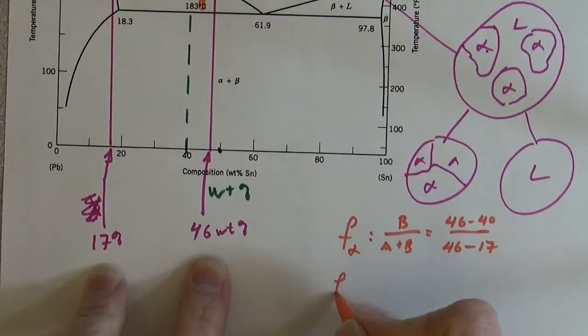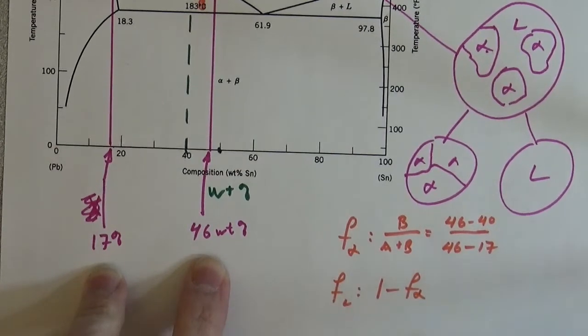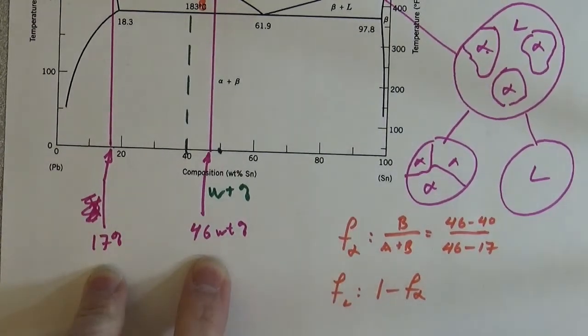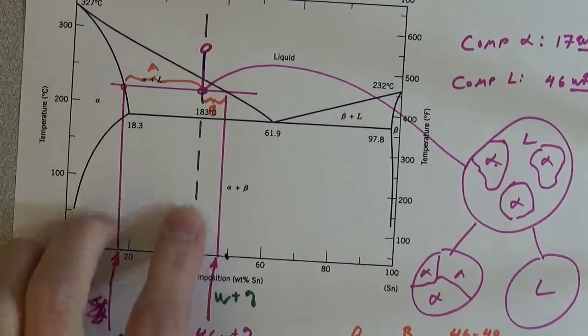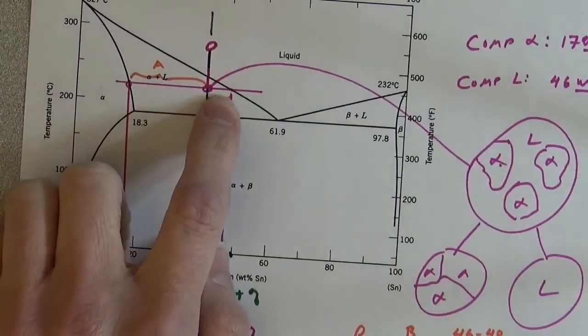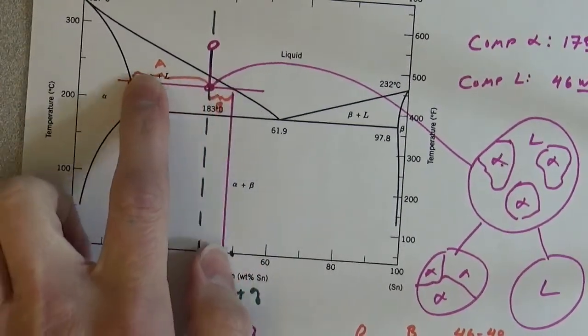And then the phase fraction of the liquid is 1 minus the phase fraction of the alpha. Or if we want to write it out from the lever rule, the tie line crosses liquid here, so we use the inverse.